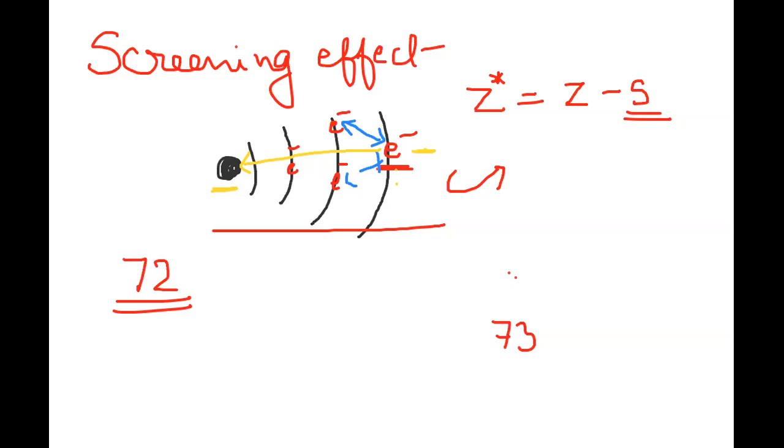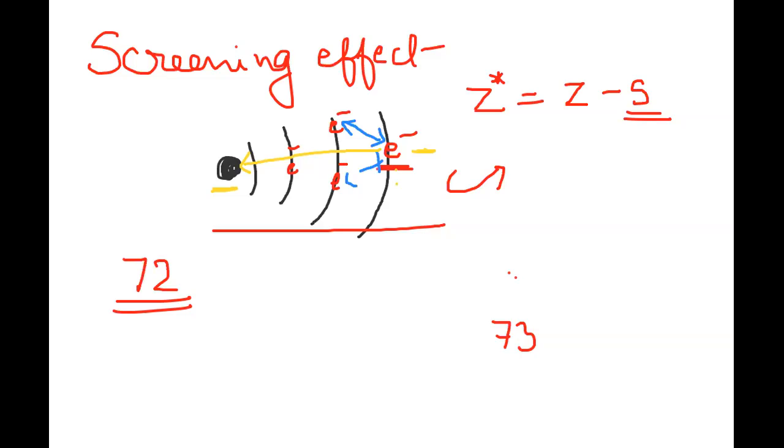When going down, the value at atomic number 73 should decrease, but actually it is slightly increasing, because the atomic size is decreasing due to the lanthanide contraction. Lanthanide contraction will have to be dealt with in a little more detail, which I'll maybe take up in the next class. But right now, one more thing that is left is talking about the successive ionization potential values.